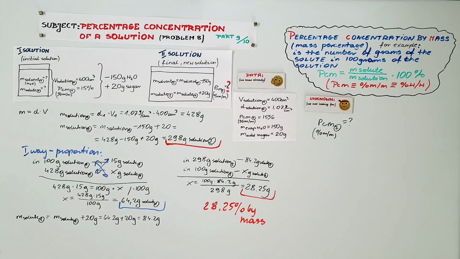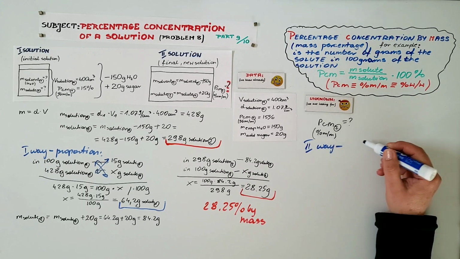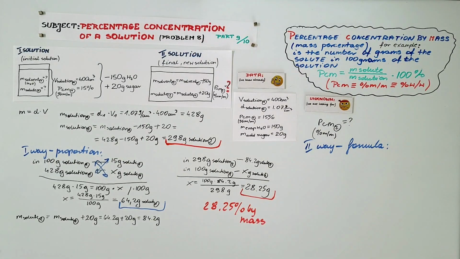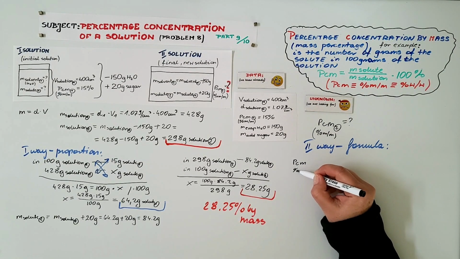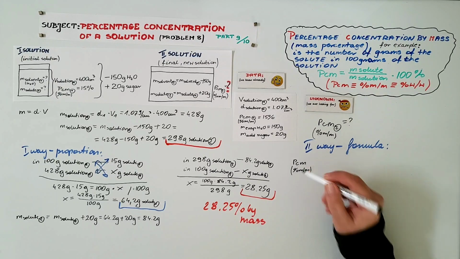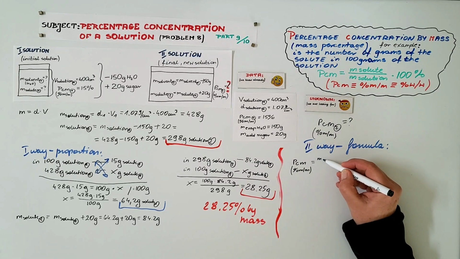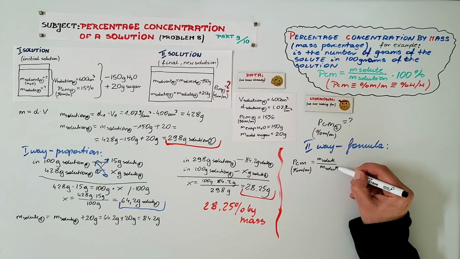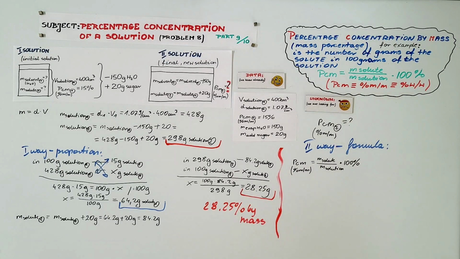Now let's solve this problem second way. Second way, formula. So percentage concentration by mass, percent mass over mass, equals mass of solute over mass of solution, multiplied times 100%.